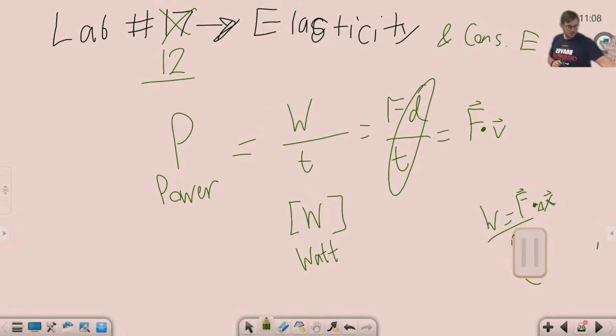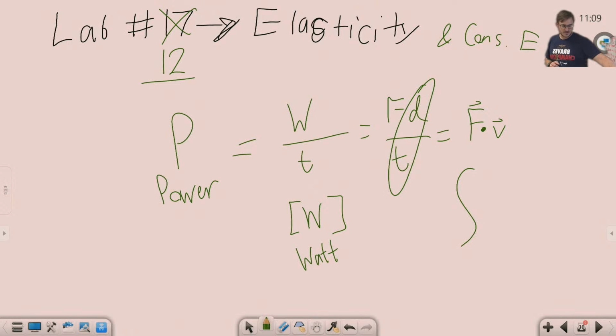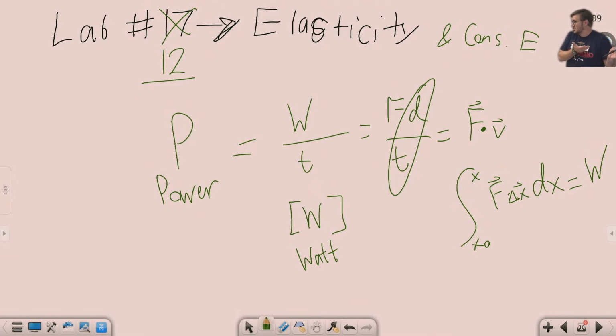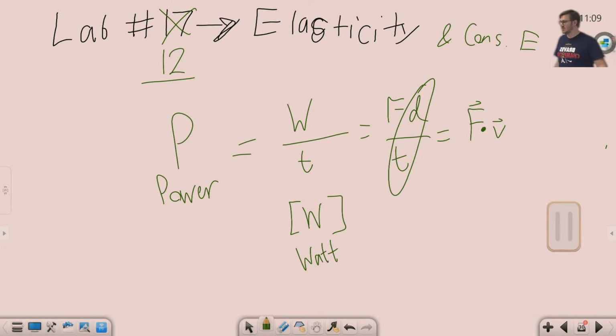They also assume, since this is the physics C course, the integral from X0 to X of F dx equals work. They also want you to know that that's the case. But we're not going to do anything with that. We just need to know that if we see this appear, it shouldn't shock you. This is mostly going to be a conceptual exercise. That's why we leave it where we leave it.